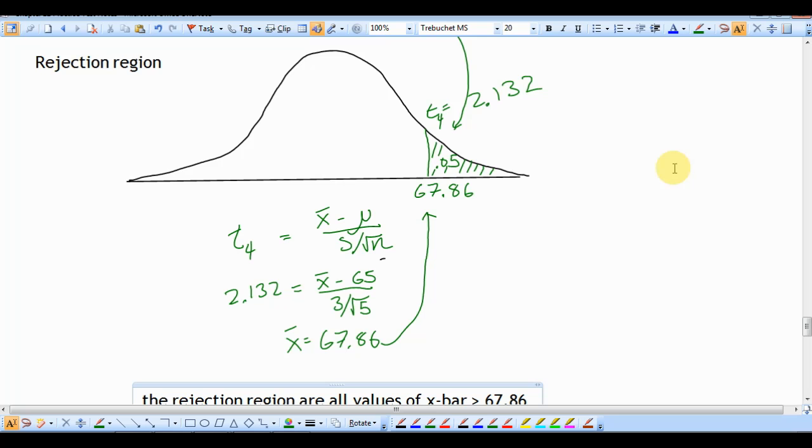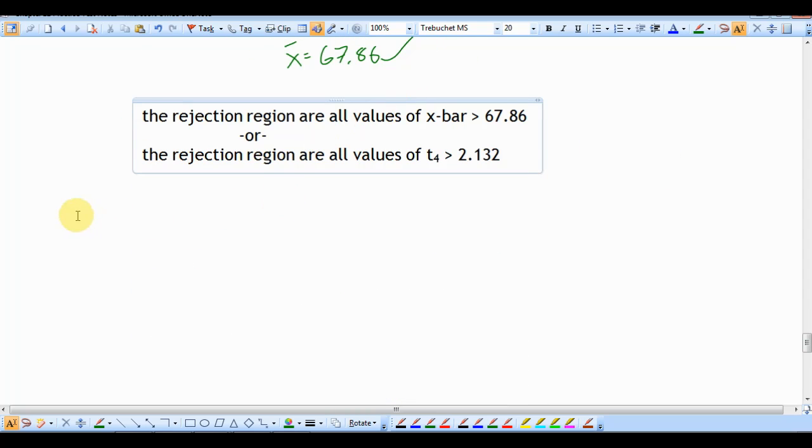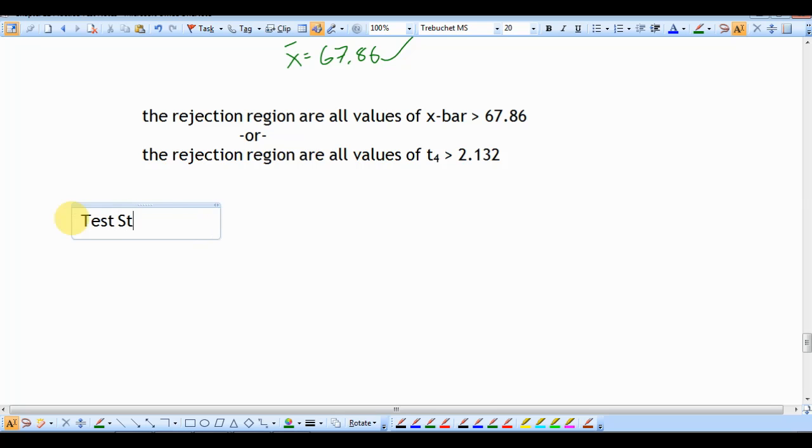The next part is the value of the test statistic. So T sub 4 is going to be equal to X bar 68.25 minus mu 65, divided by the square root, wait, isn't it 3?